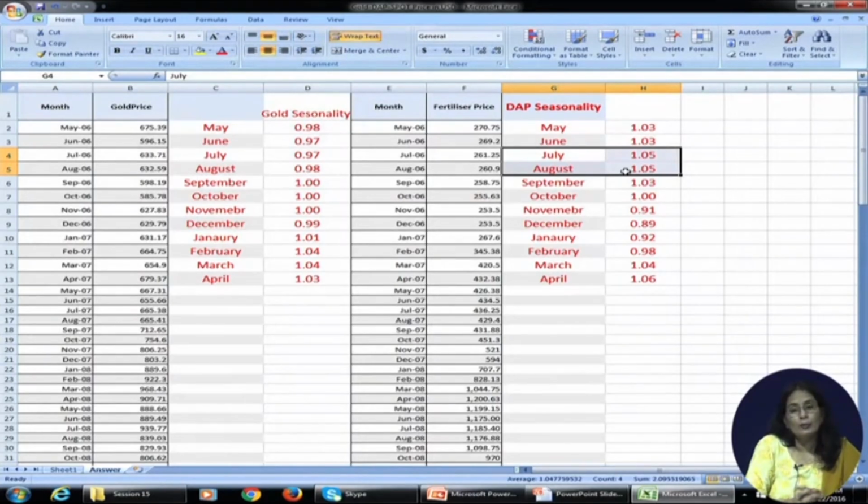So how do we interpret this number? July and August prices on average have increased 5% vis-a-vis the average price prevailing in the rest of the year. Okay, let's interpret the month of December, which has a value of 0.89.